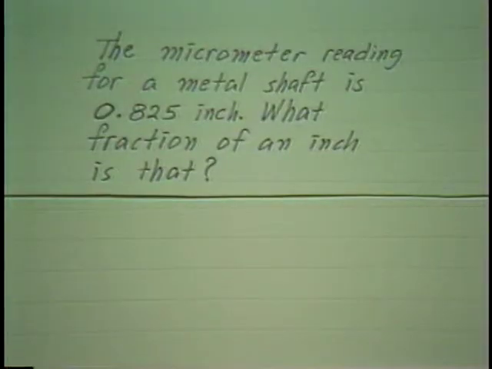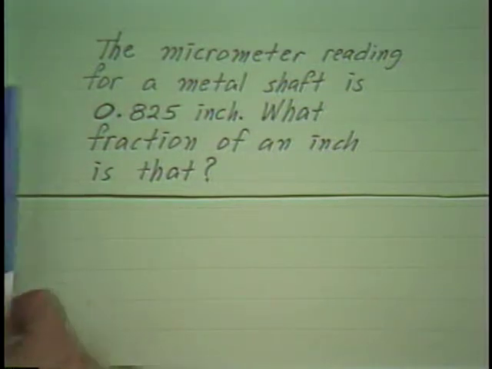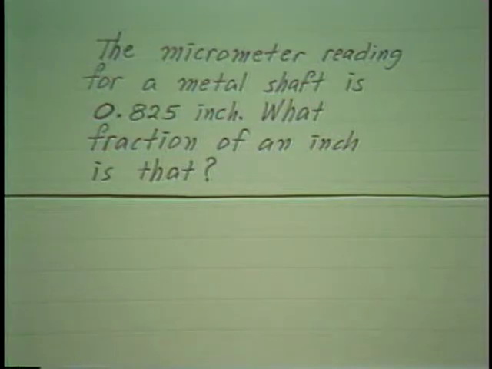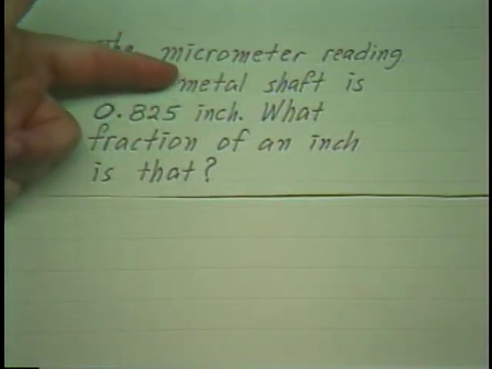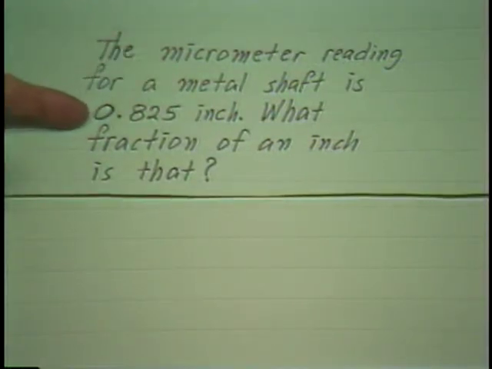Now, this matter of changing decimals to fractions occurs most frequently in technical shops, be it a welding shop, sheet metal shop, or a machine shop. In fact, it's a rare shop that does not have a conversion table between decimals and fractions. They're used that much. So let's say we've used a micrometer to measure the diameter of a metal shaft to within 1/1000th of an inch decimal-wise.